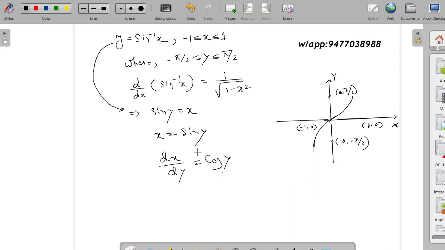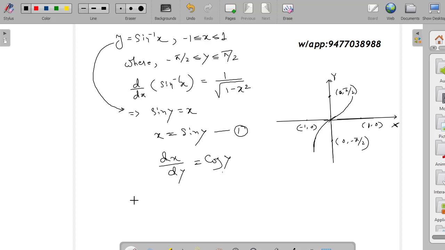If we differentiated the above equation 1 using implicit differentiation with respect to x, we would have got the factor dy/dx on the right hand side, but we are making use of this differentiation. dx/dy equals cos y.